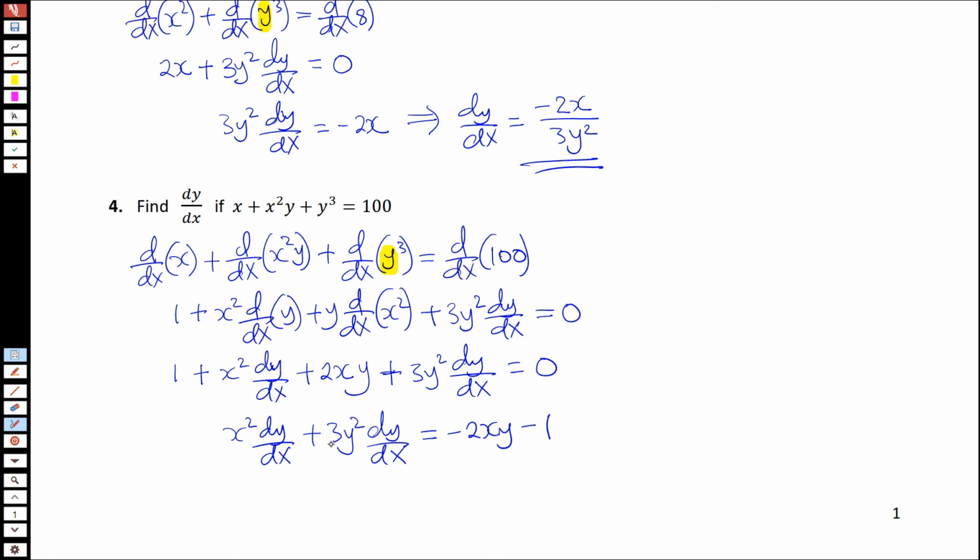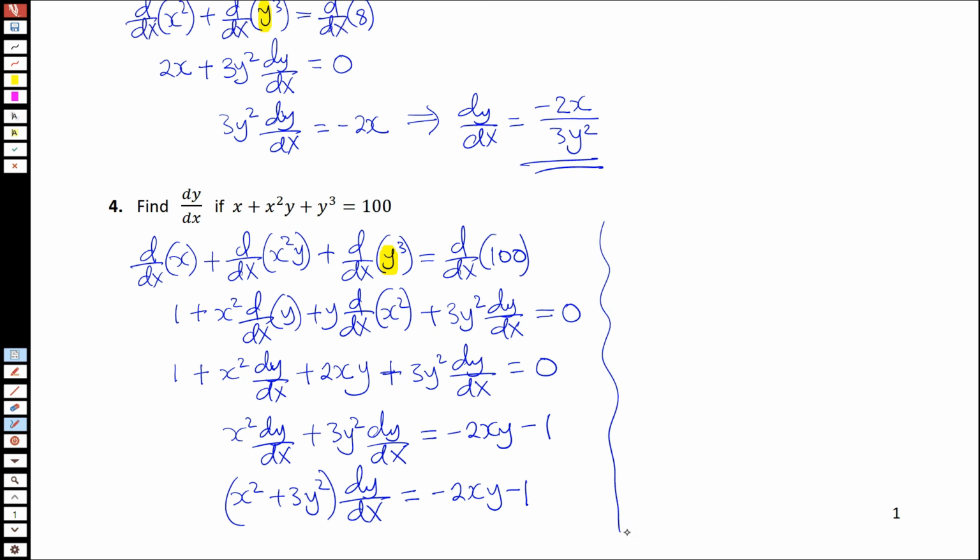And we can factorize dy over dx outside. So we'll have x squared plus 3y squared, all this multiplied by dy over dx will be equal to minus 2xy minus 1.